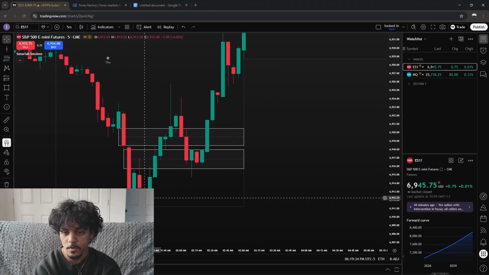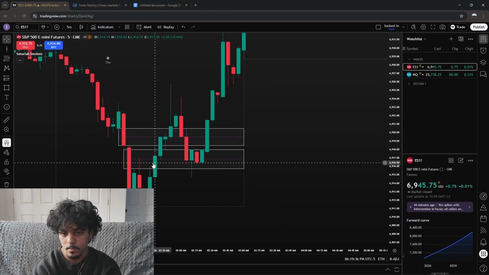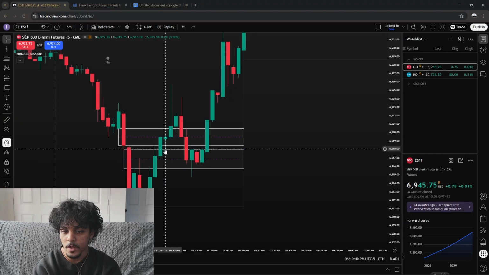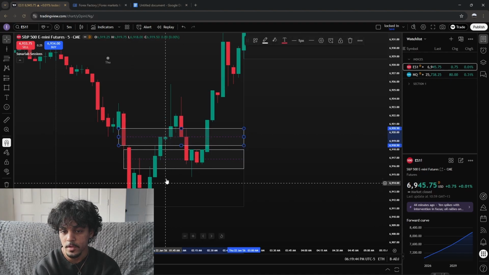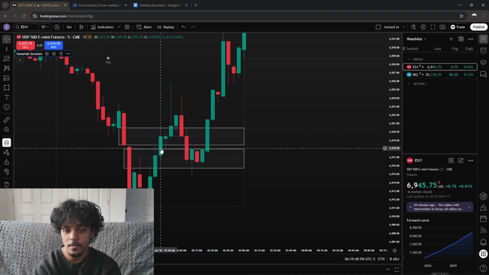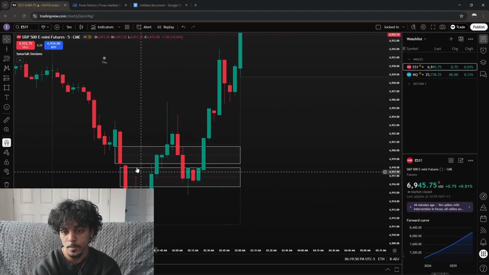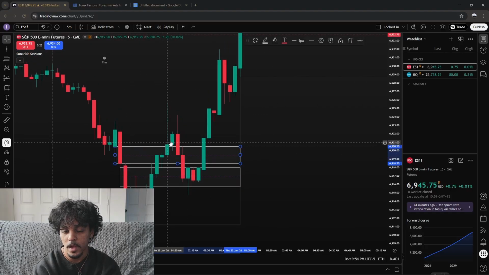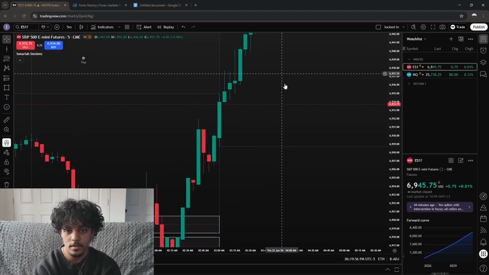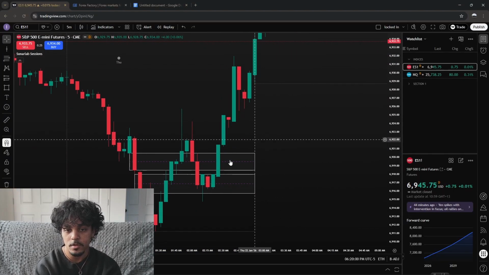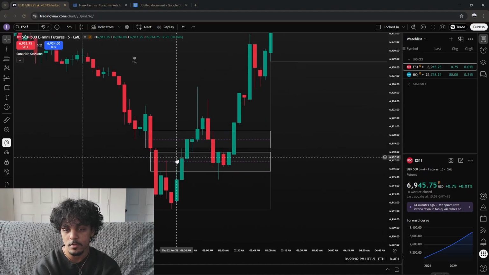Price creates the fair value gap, moves in, and invalidates this one. But because we have another fair value gap up here, we can't confirm that it has been invalidated and that price is going to move up. We need to wait for this fair value gap to be invalidated, and then we can say that price is going to change direction and continue in this direction.